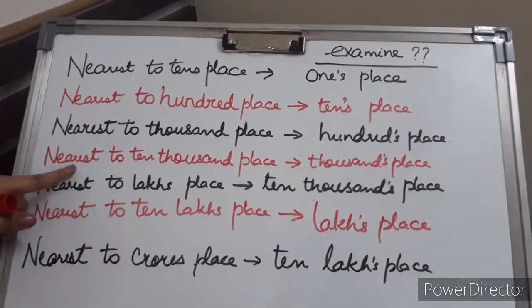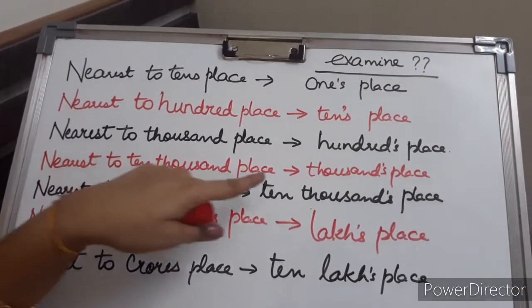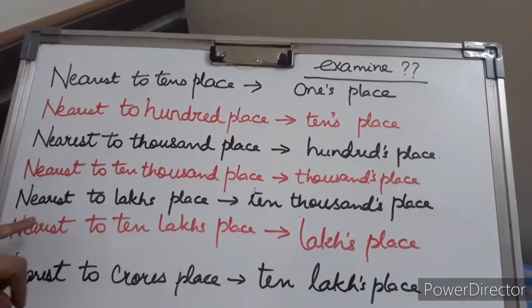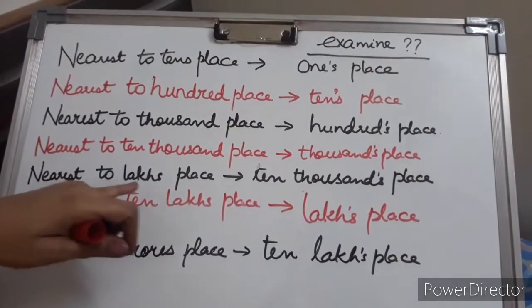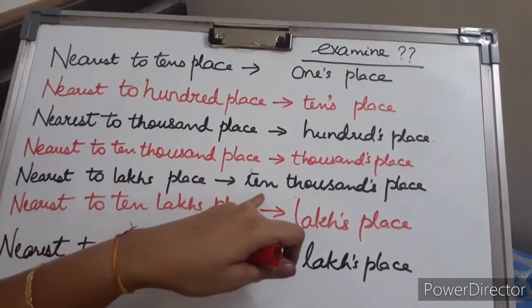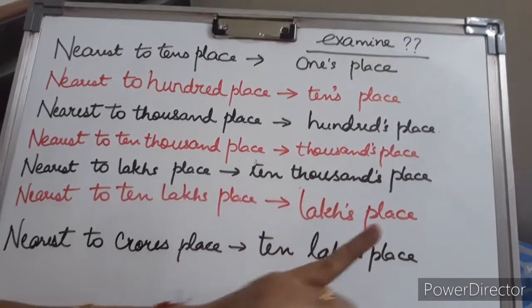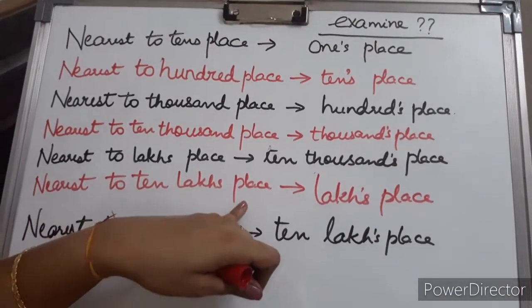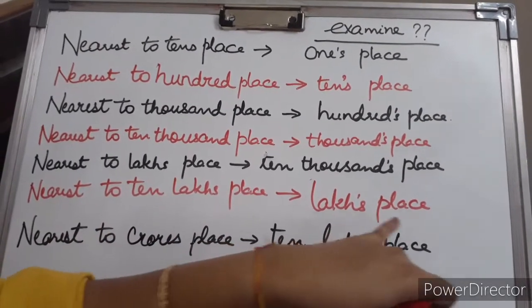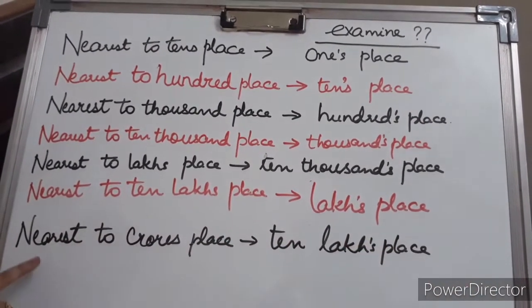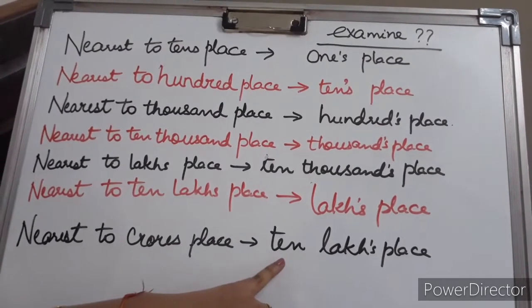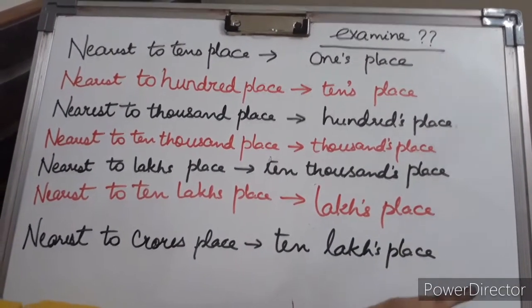Nearest to 10,000 place, the thousands place digit. For lakhs place, we see the 10,000 place digit. Nearest to 10 lakh place, the lakhs place digit. And last, nearest to crores place, we check the 10 lakhs place digit.